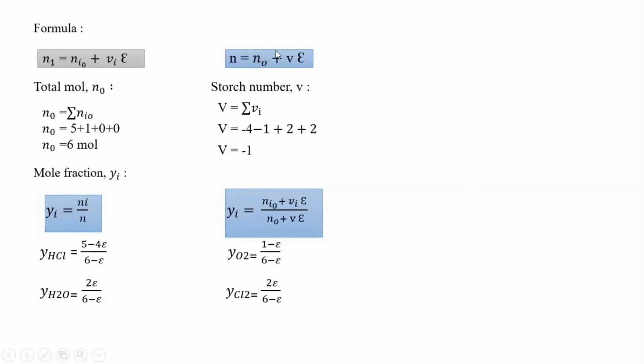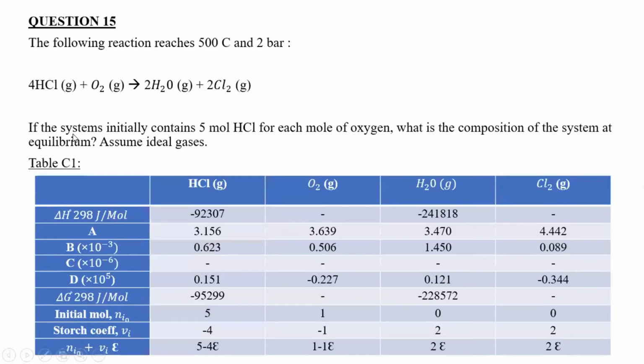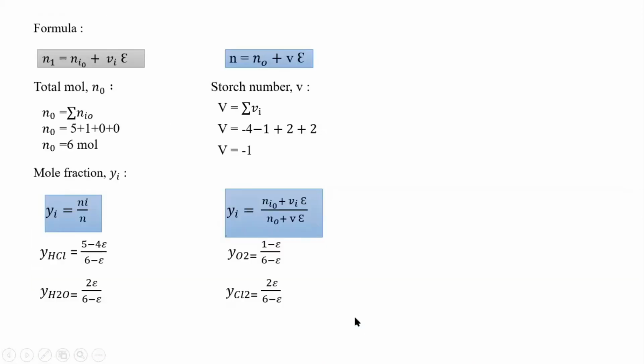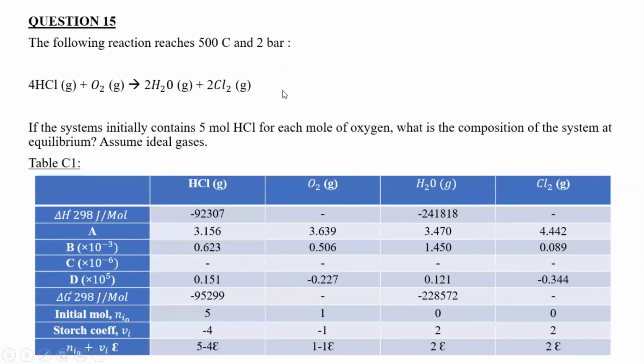Here the total initial mole for all species is 5 plus 1, equal to 6 mole. Also the total stoichiometric number, which is -4 plus -1 plus 2 plus 2, equal to -1.